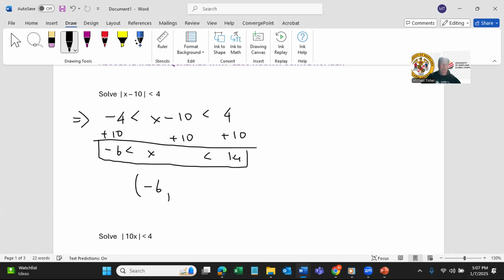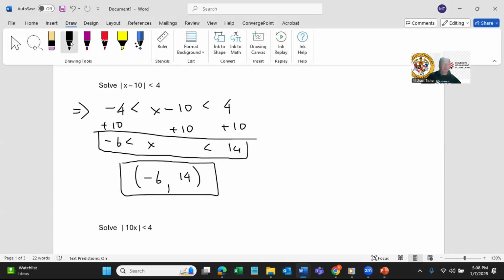Then we'll have a comma, and then put a 14. Since 14 is not less than 14, we're not going to include the 14, so we'll put a closed parenthesis. So the final answer is all the numbers between negative 6 exclusive and 14 exclusive. In interval notation, here we have parenthesis negative 6 comma 14 parenthesis.